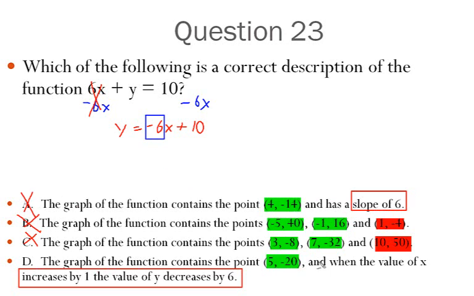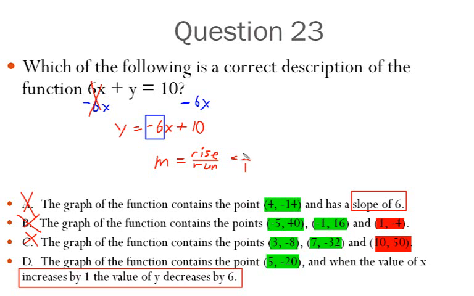It goes through this point, and when the value of x increases by 1, when we're thinking about slope, we know slope is rise over run. Like, for example, when we're trying to graph our slope, we use rise over run. So what they're saying is when the value of x increases by 1, so when we run 1, the value of y decreases by 6.